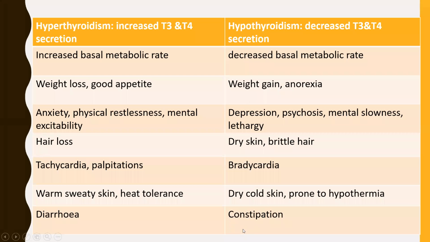Okay. Then these are the differences between hyperthyroidism and hypothyroidism. First point, in hyperthyroidism, increased basal metabolic rate and decreased basal metabolic rate in hypothyroidism.